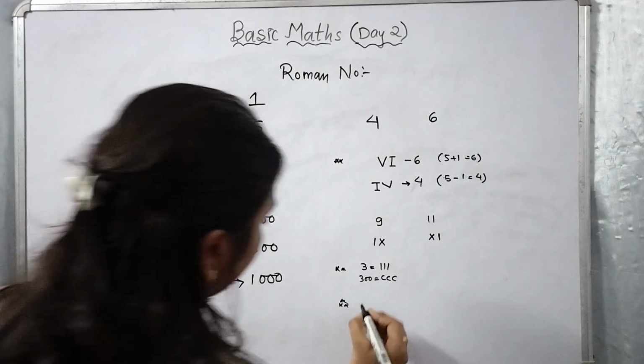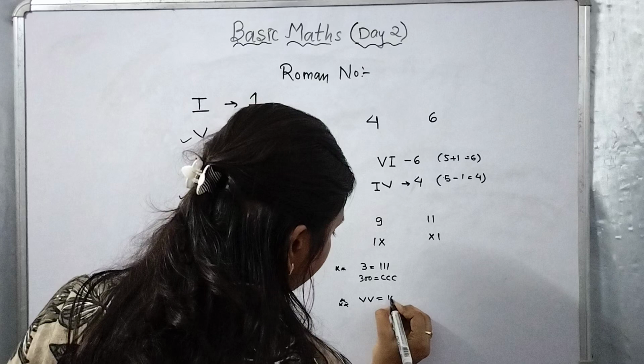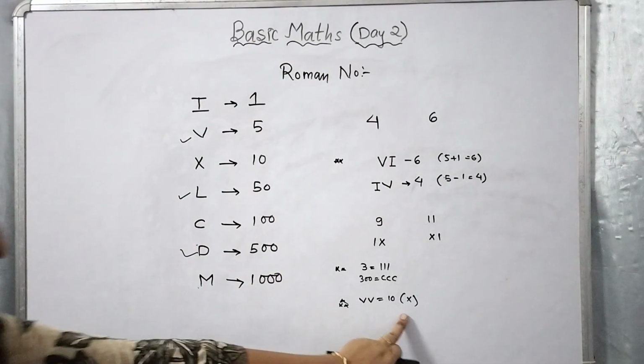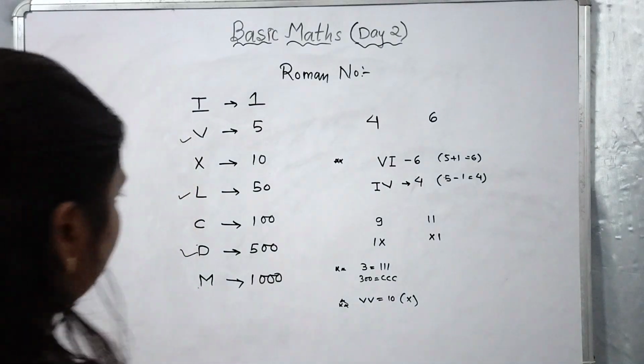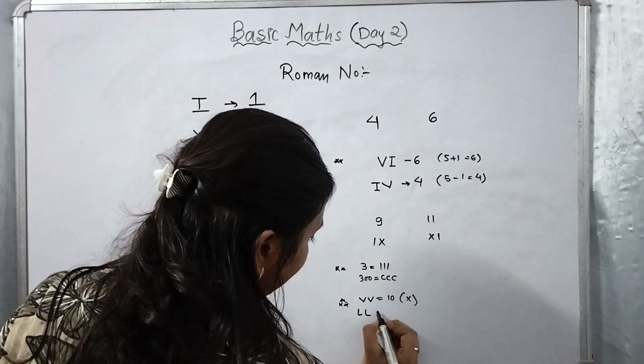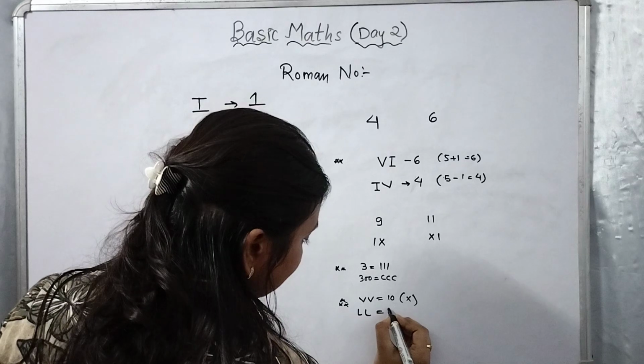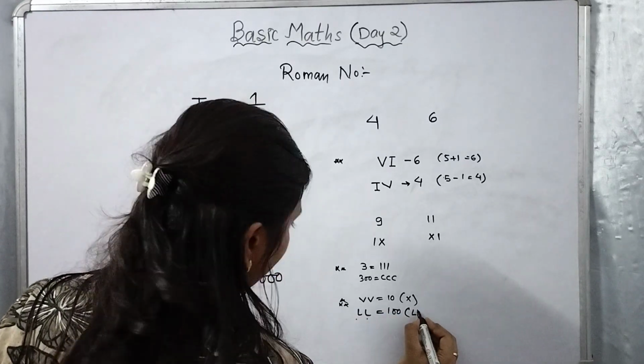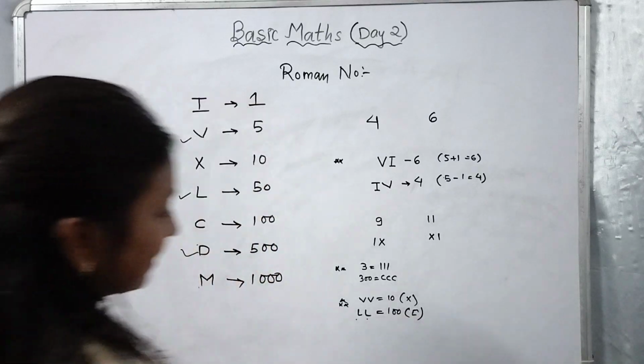See, V twice becomes 10, but we already have X for 10, so this can't be written. L and L is 50 plus 50, which is 100, but for 100 we already have C. So this can't be written.